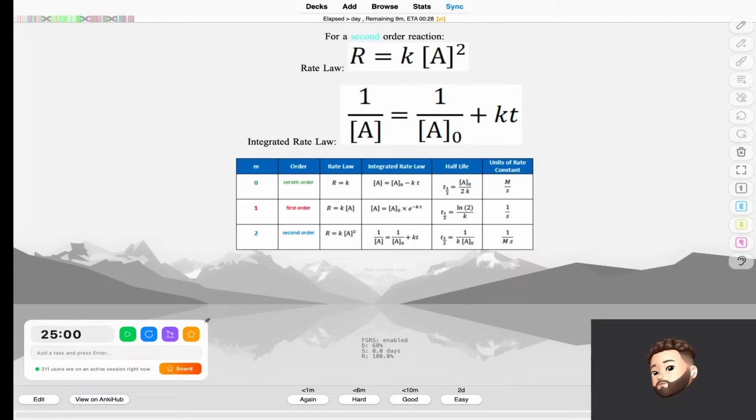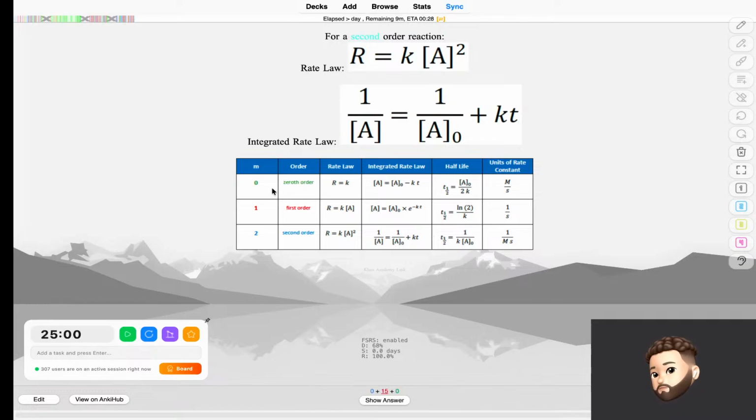Let me look it up to make sure. I'm right, so we're just going to leave it like that.